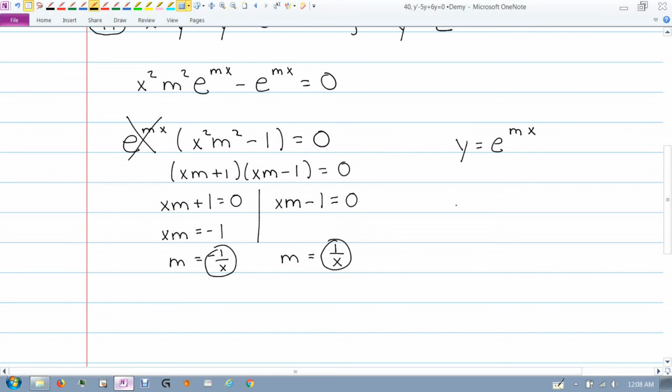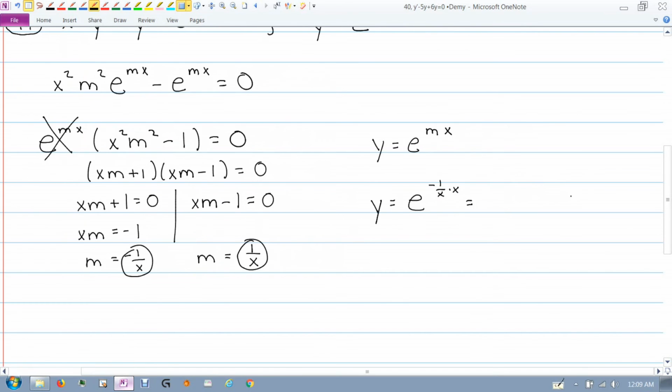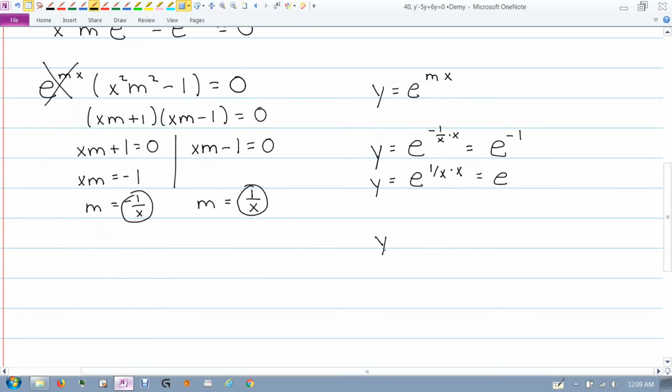And if we plug those in, let's plug in that first one, negative 1 over x times x. That's just e to the negative 1. And the other possibility is e to the 1 over x times x, which is just e. So we would be looking at y as being a constant, either e or 1 over e. That's the same as e to the negative 1. Let's see, what number was this, 49?